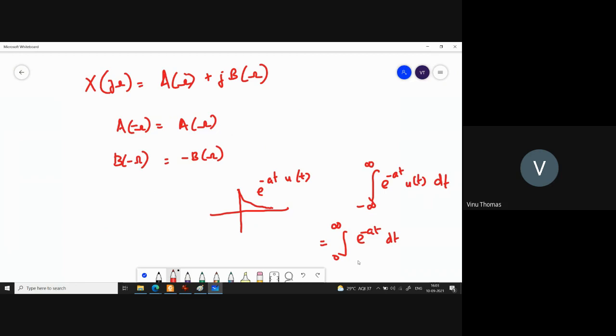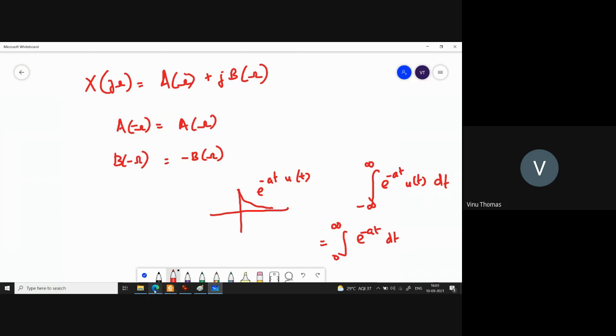This we can evaluate, because this is e raised to minus at by minus a, and you put t equal to infinity and t equal to 0. That will give you the answer. So you see that this is not a finite duration, because it dies to 0 only at infinity.